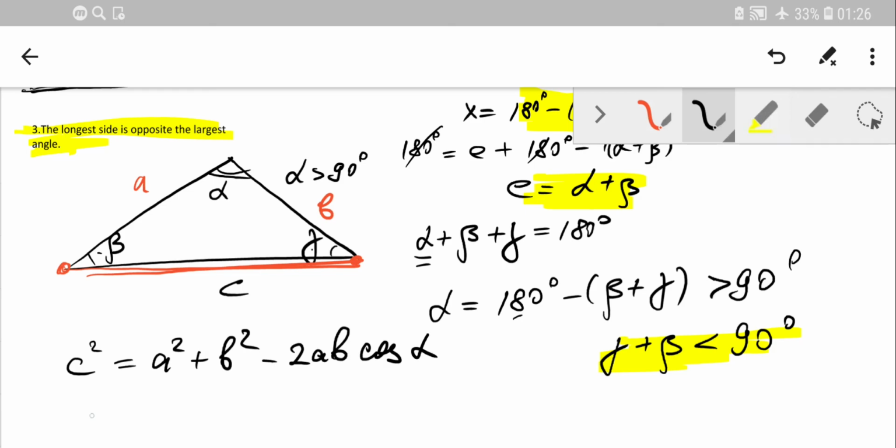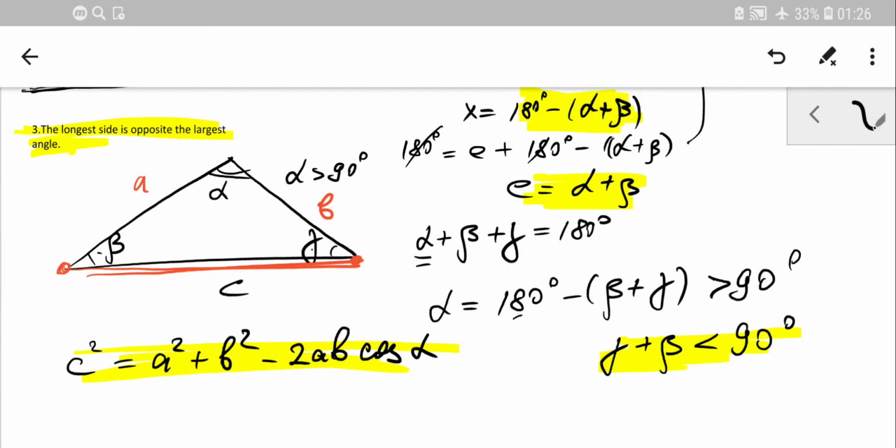For this reason, we can say that the larger the angle, the longer the side. Just keep in mind, and when we touch on the theorem, we'll be able to prove that. I put this proof in corresponding videos related to trigonometry and the cosine and sine theorems in triangles. But right now, just try to believe it and apply it as a ready-to-use tool.